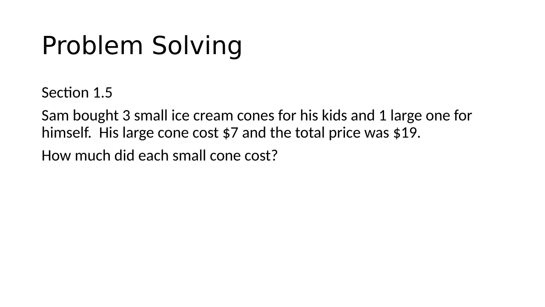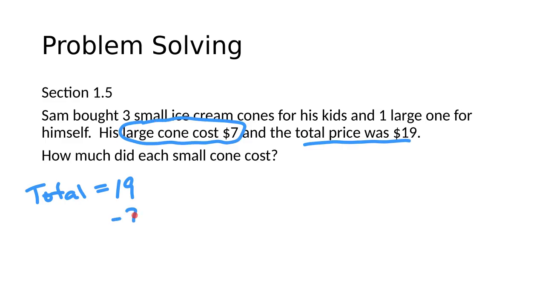I'm not really sure, but if we know the total price was $19, and we know that his large cone cost $7, we could subtract that $7 for the large cone, and we can see that the small cones altogether cost $12.